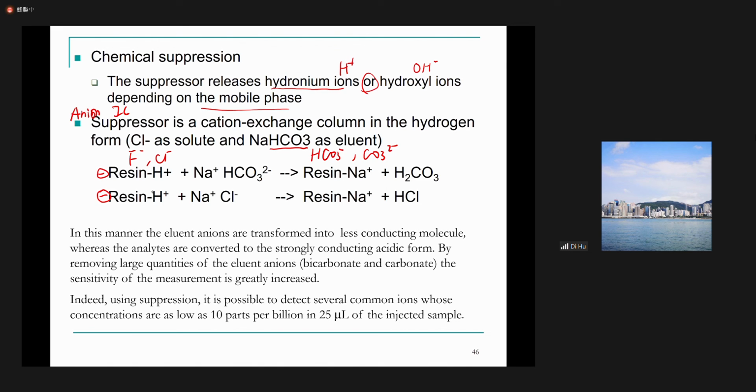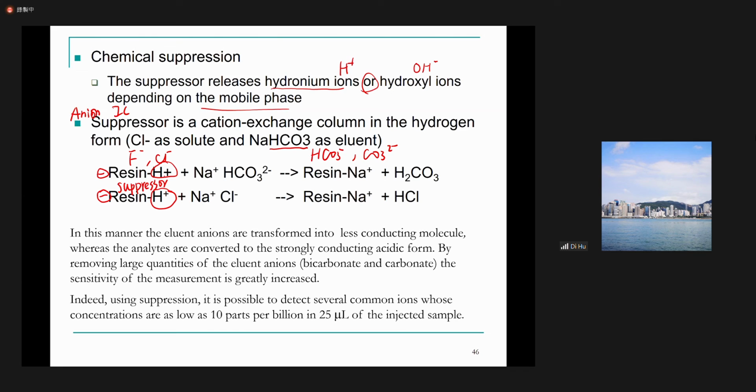That means the suppressor for this ion exchanger is a cation exchange column for anion chromatography, in its hydronium form. It has hydronium ion held on it.